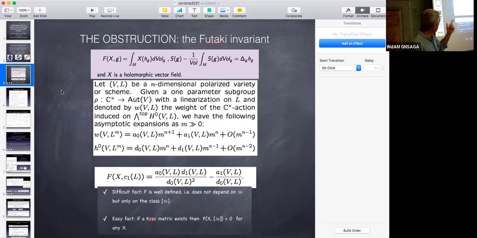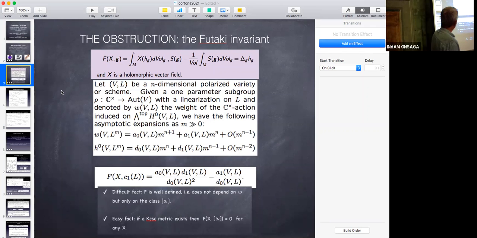You take a holomorphic vector field, which always exists; you could even take zero, but a non-trivial one if you want something non-trivial. Then you integrate the action of the vector field over what is usually called the Ricci potential of the manifold. Basically, it's the function, up to a constant, whose Laplacian gives you the scalar curvature of your Riemannian metric.